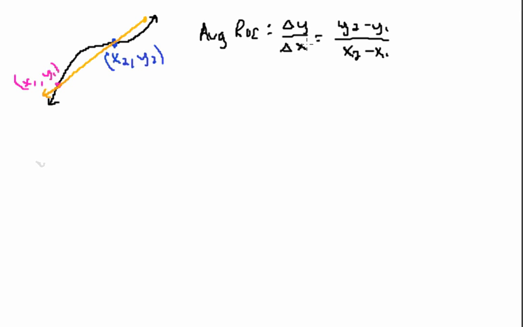This is the building block of where we're going today. I'm going to change things up a little bit, though. Instead of x1, y1, I want to call it x1, f of x1. So we're going to use function notation instead of x and y. Same thing with the blue one: it's going to be x2 and then f of x2.